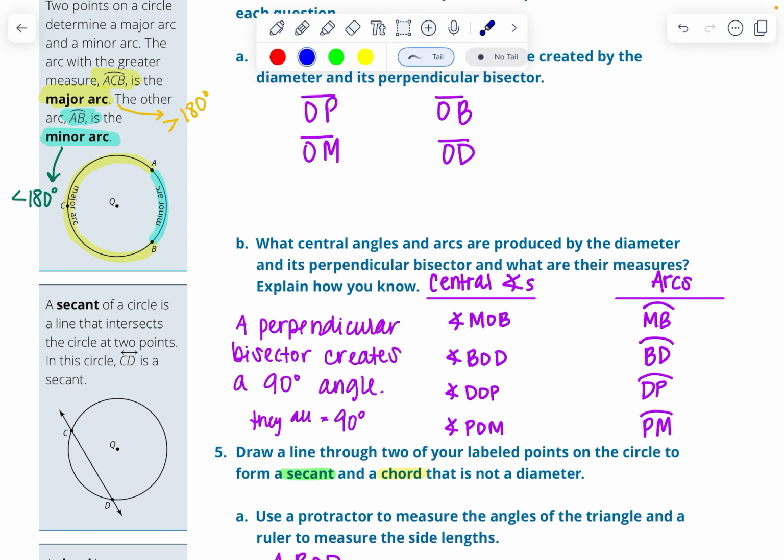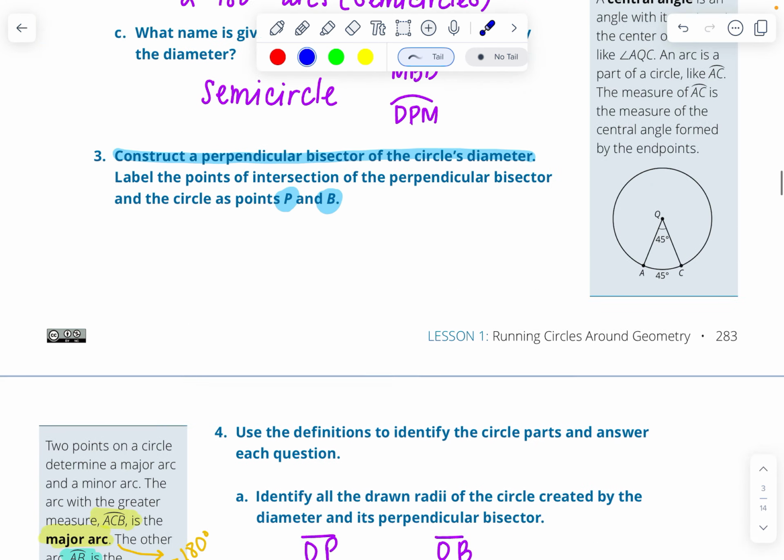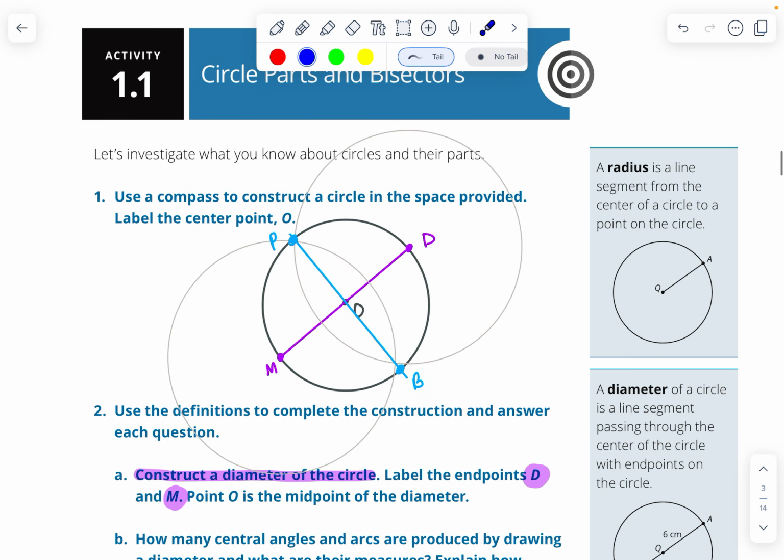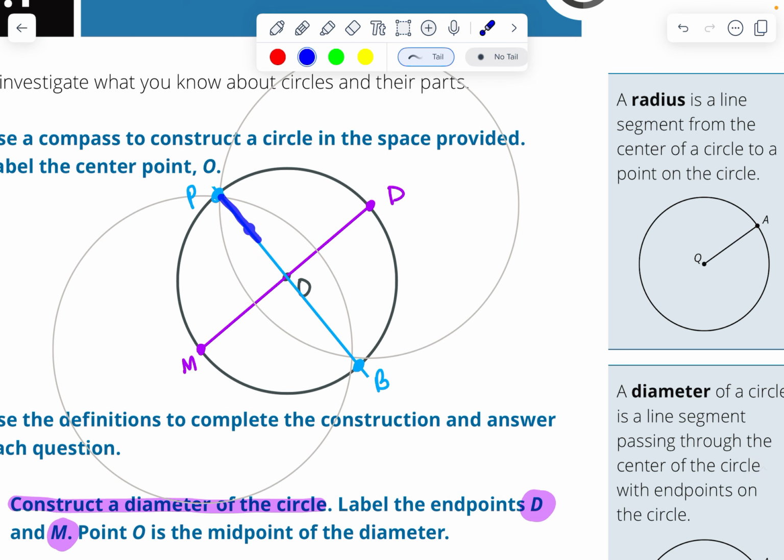Part B of number 4. What central angles and arcs are produced by the diameter and its perpendicular bisector? So central angles, I made a list of all the central angles. So let's take a look. We have this central angle here, POD. So that's a central angle. DOB, that's another central angle.